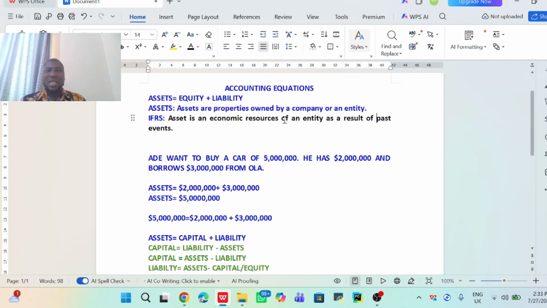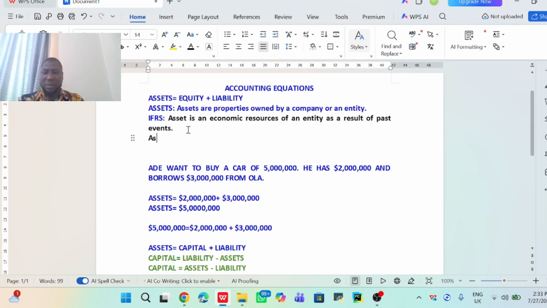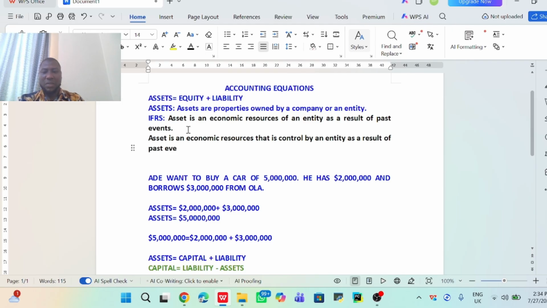Or we can also say an asset is an economic resource that is controlled by an entity as a result of past events.